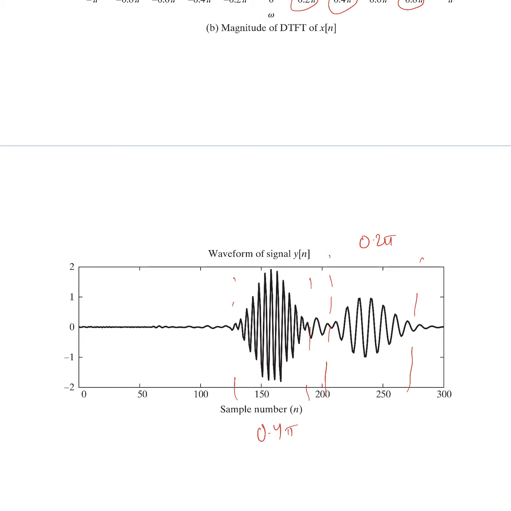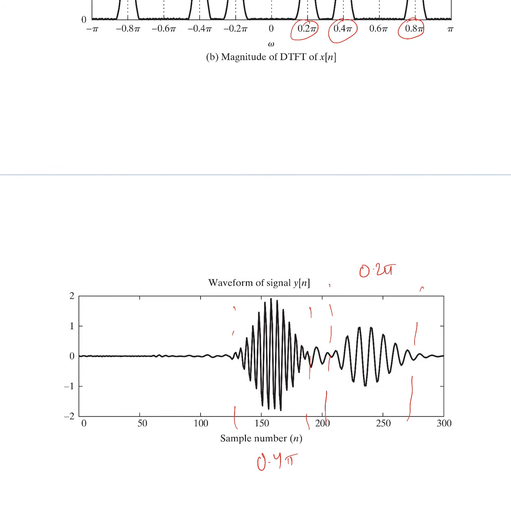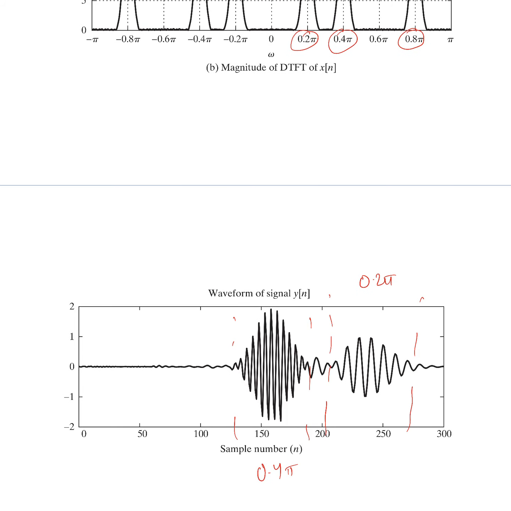This output response is completely consistent with the magnitude response and group delay at those frequencies. So this is some qualitative analysis for seeing the effects of phase, group delay and attenuation for a given system function.